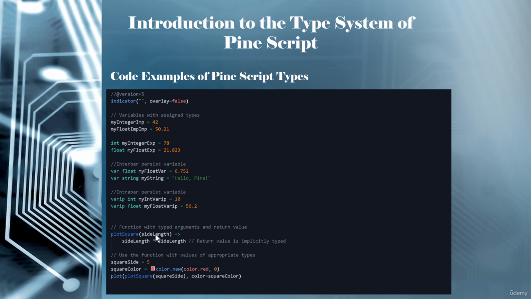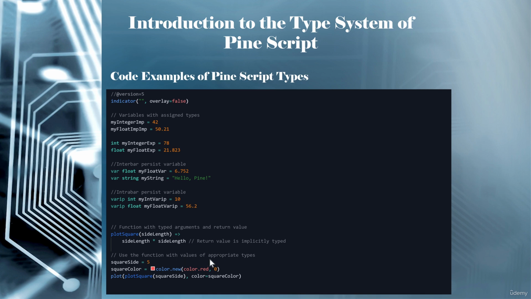Next, we have a function over here. That function has one parameter. Inside of that function, we calculate the value and return this value. So this function calculates the square from the parameter that we pass into the function. What's interesting in this function is that we return a value that is implicitly typed, right?